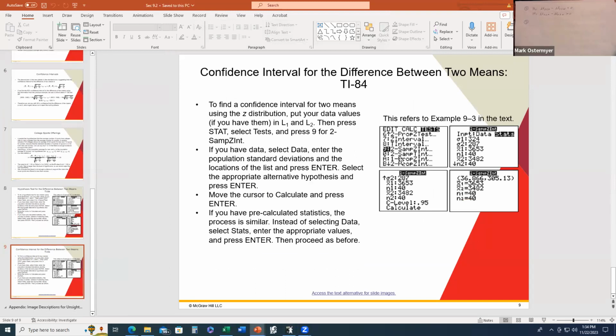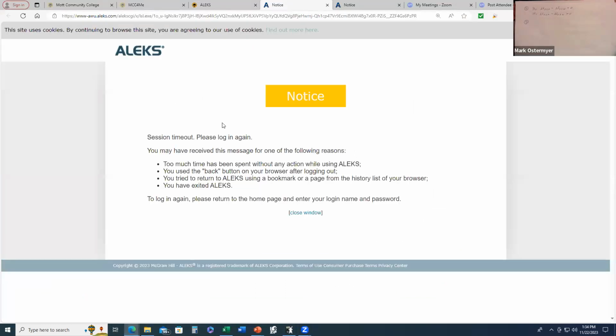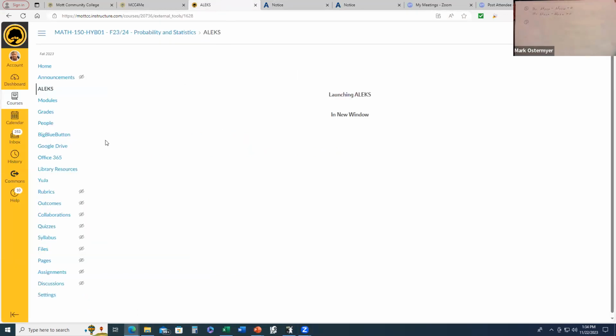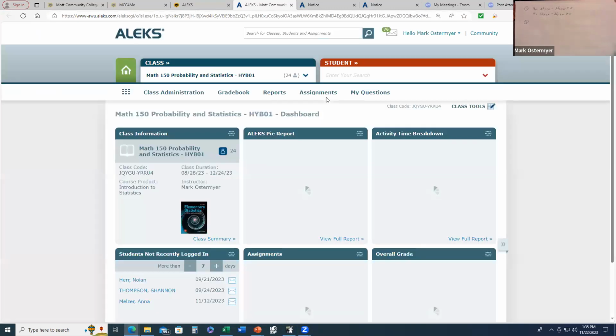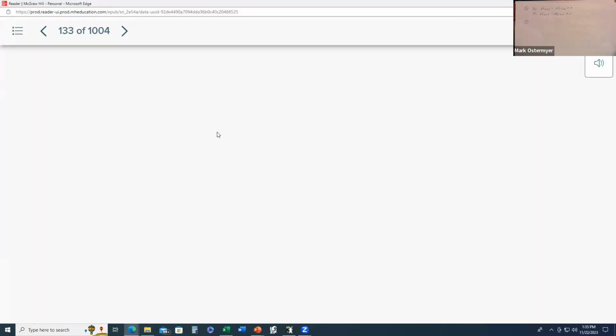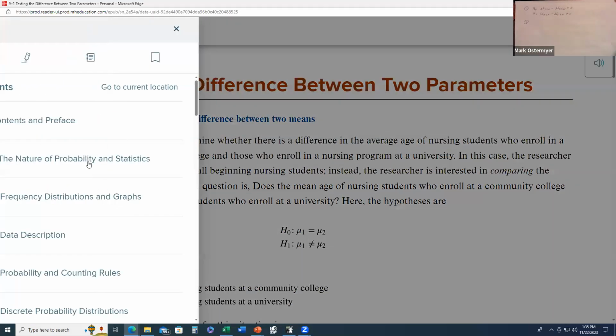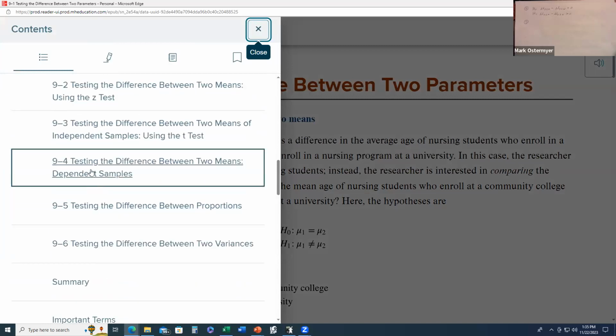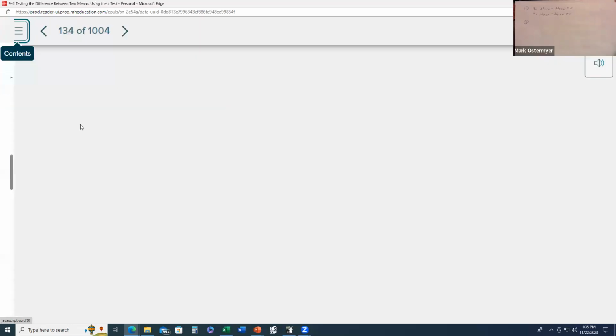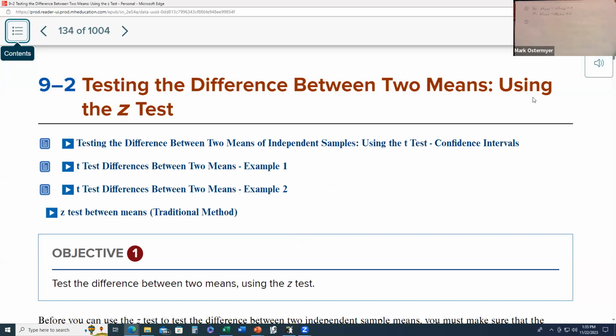All right, so let's see if we can go to our textbook and do maybe a problem or two. Of course, these problems will be done in section 9.2, which is entitled Testing the Difference Between Two Means Using the Z-Test.